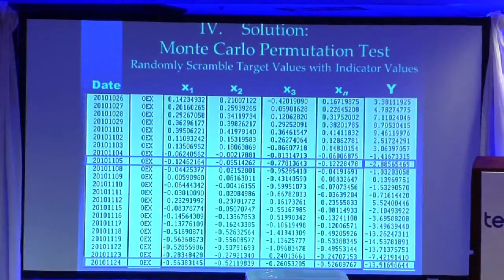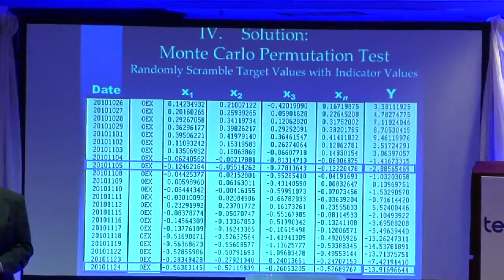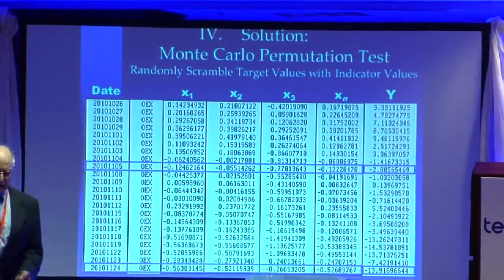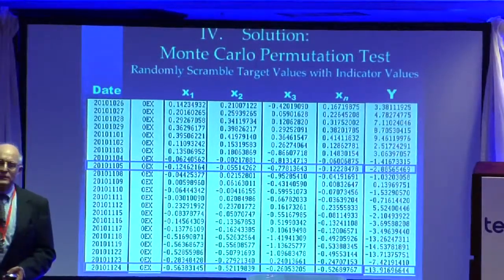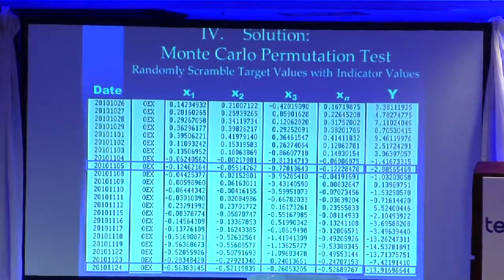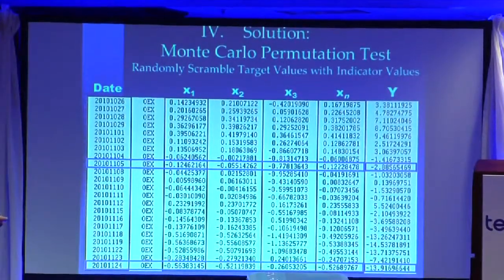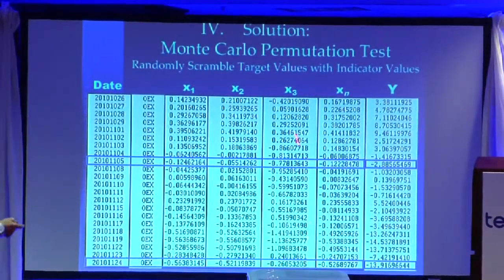Now, the solution to it, or one solution, is something called the Monte Carlo permutation method, which I talked a little bit about in my first book, Evidence-Based Technical Analysis, and we use a much more advanced form of it in this more recent book. It's a very simple approach. Here's your standard data table. You've got your columns of x's.